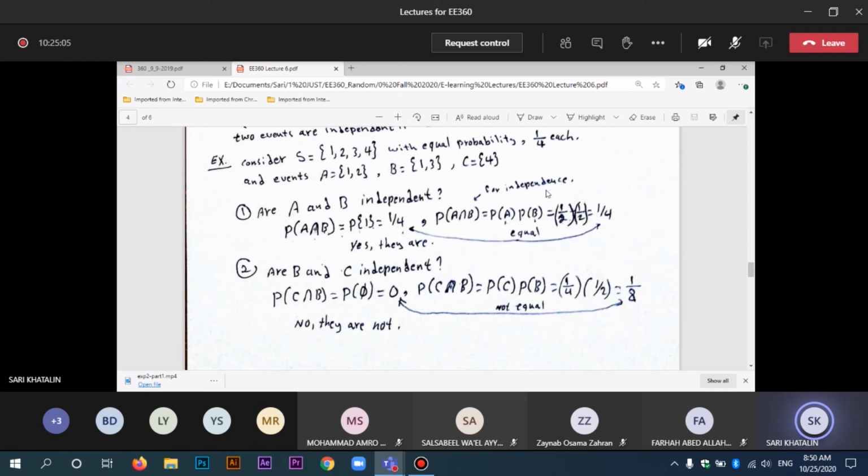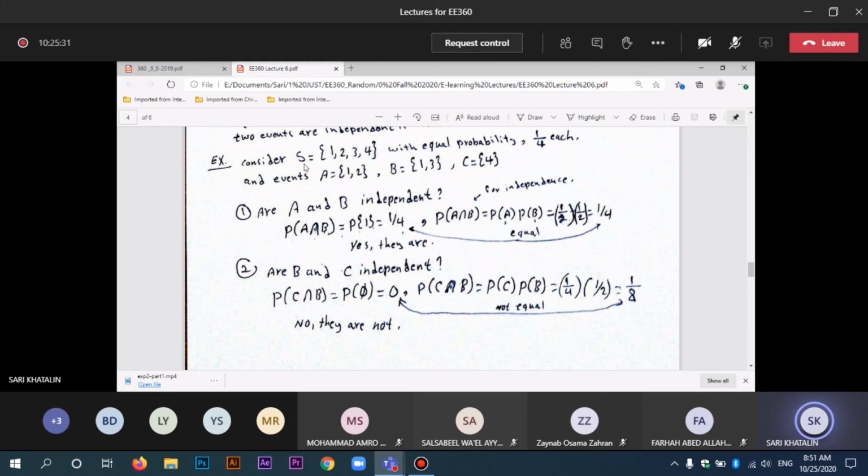Okay. Now the first question is whether A and B are independent. So the first thing you do is find the intersection of A and B. What's the intersection of A and B in this case? As you can see, it is 1. So the probability of 1 is 1/4. Okay. Now, what's the probability of A by itself?